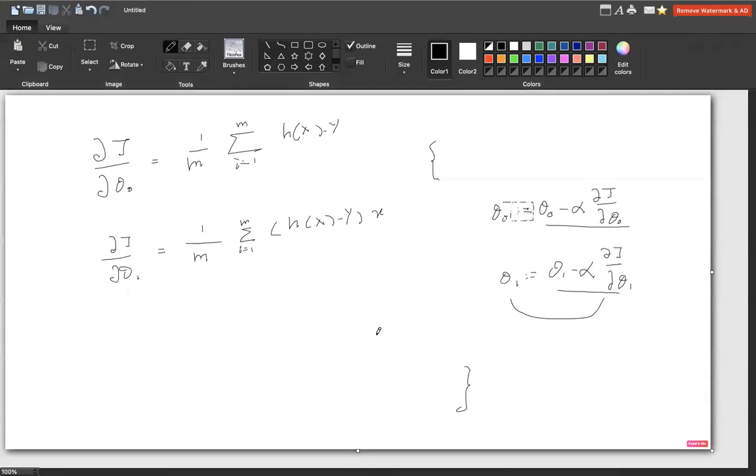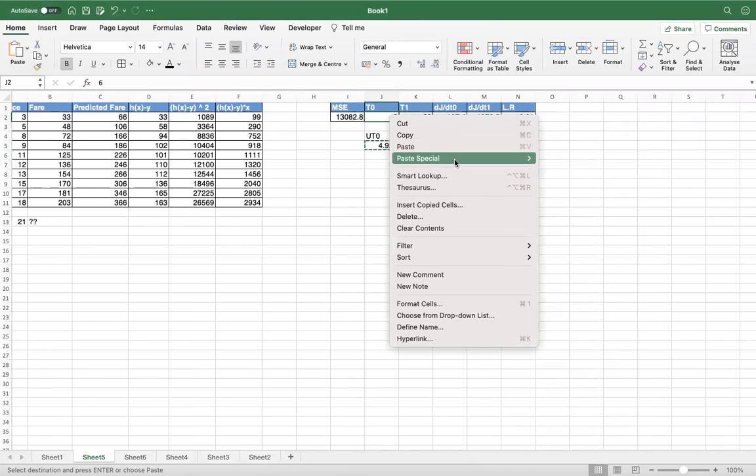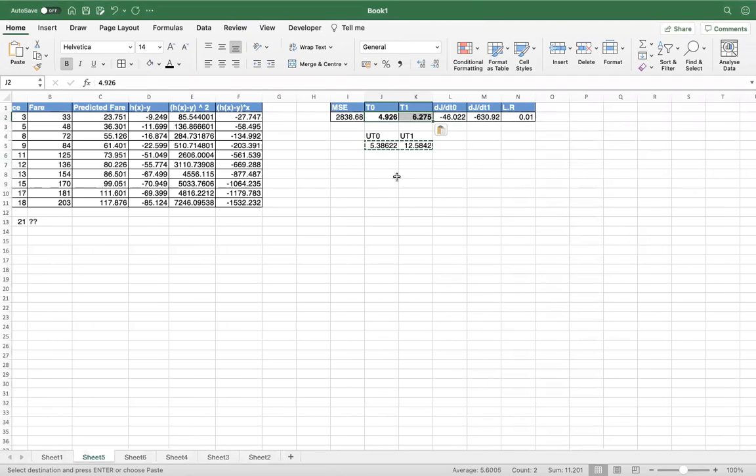Once we calculate these values, you have to substitute those values into this, right? So I'm going to copy these values and paste them. Do you see our mean squared error has reduced from 13,000 to 2,838?